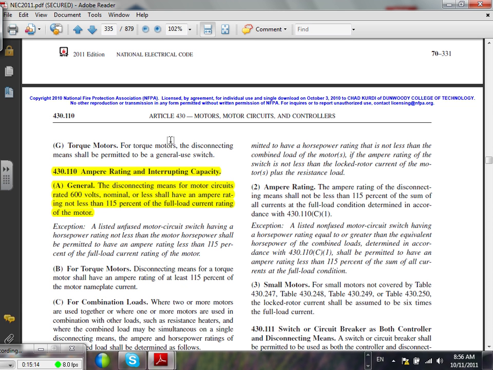This will tell you about the disconnect. When you size this disconnect, this is how to size it in amps. It will tell you to take the full load current multiplied by 115 percent. So please highlight 430.110(A). Okay, any questions, guys, about this?